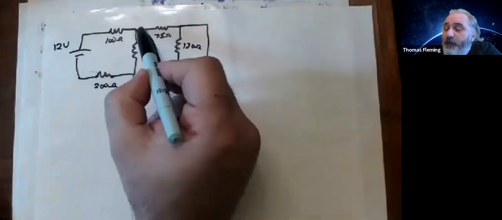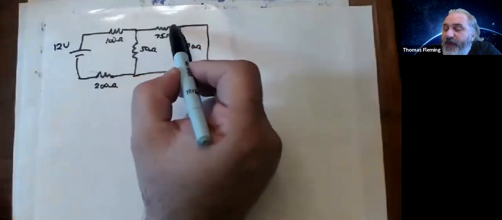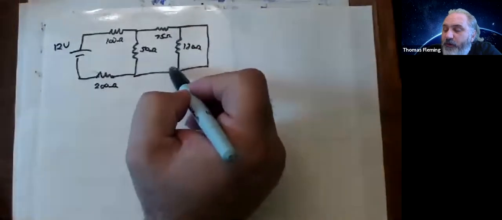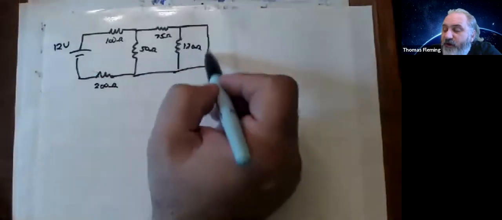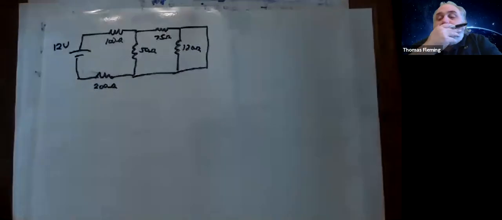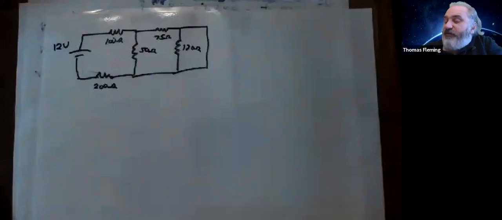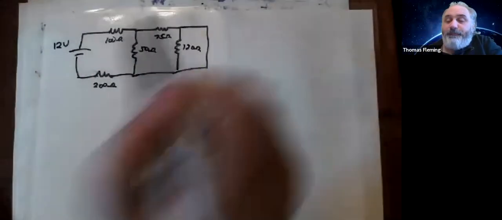Now, I'm going to have current go through here, and it has a choice. It could go through here and back, or through here and back. So stuff's going to light up, and the big question, I guess, is what's going to happen right here?